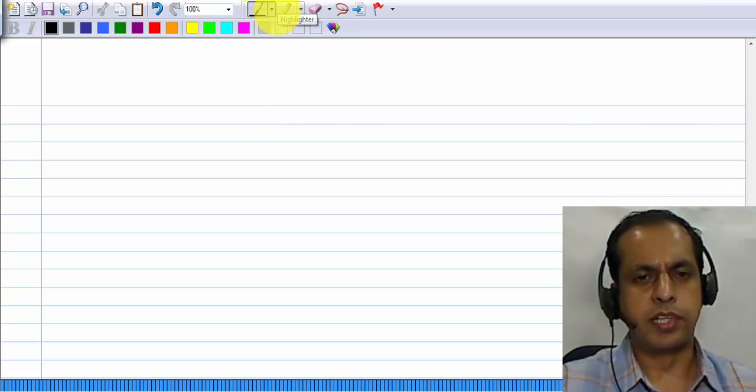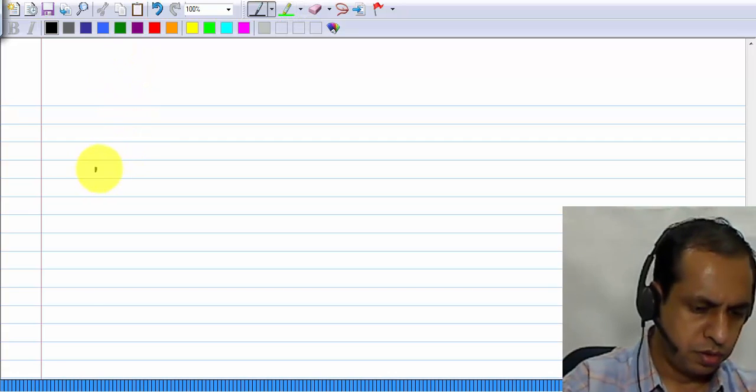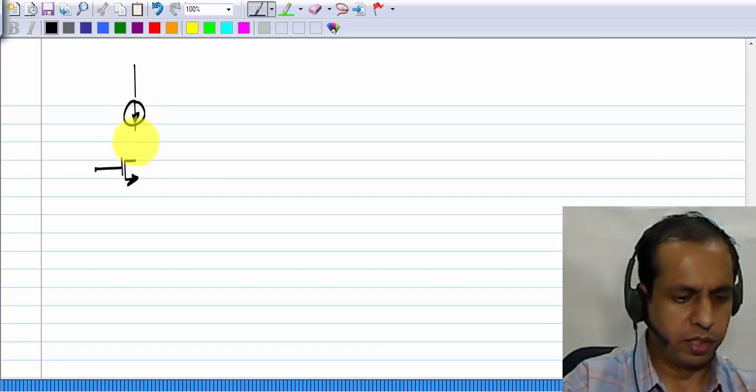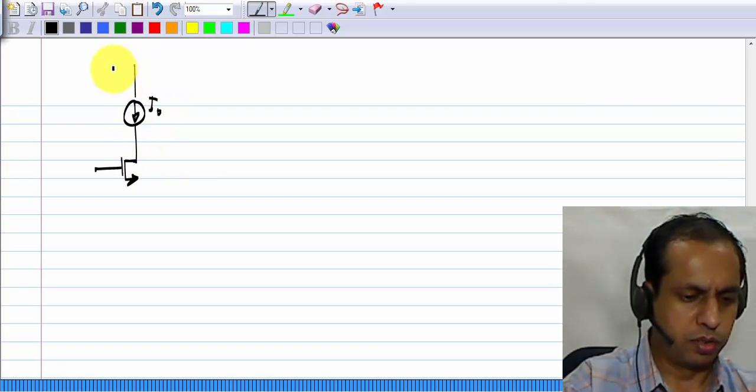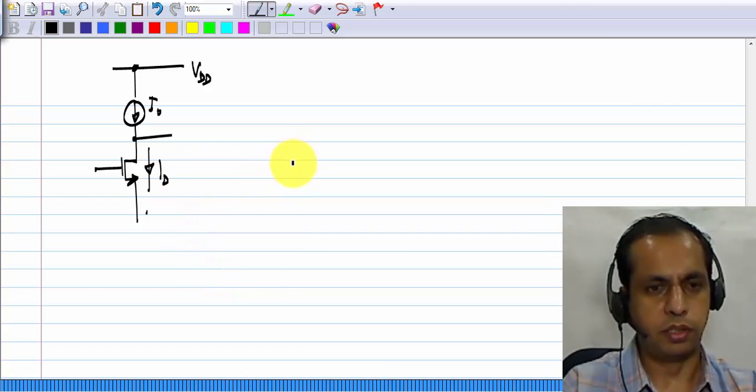Let me consider an example where we sense at the drain and feed back to the source. We have the MOS transistor. To sense at the drain, we connect a current source I0, and the drain current ID is the current through the MOS transistor.